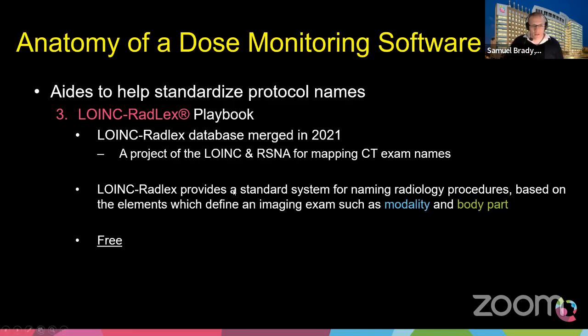Now, what they do is they provide a way to map all kinds of different exams. It's not just CT, forgive me. It's X-ray, fluoro, it's everything. And you can drill down and you can define naming conventions based on modality and body part. And the best part of this option is it's free.